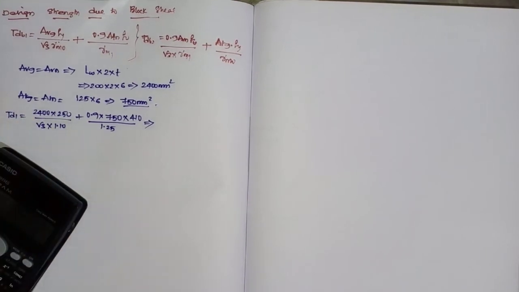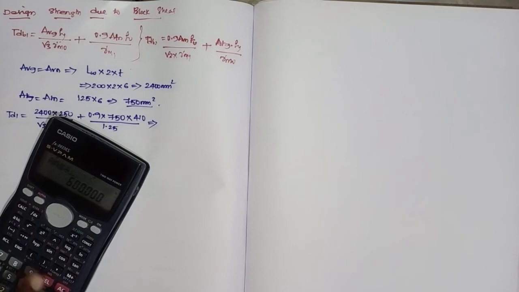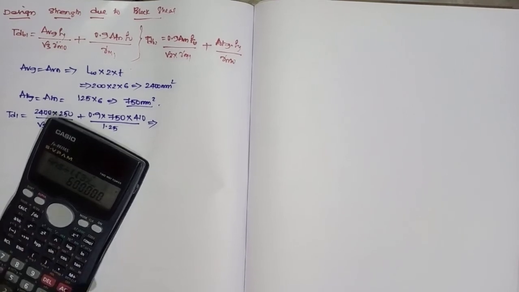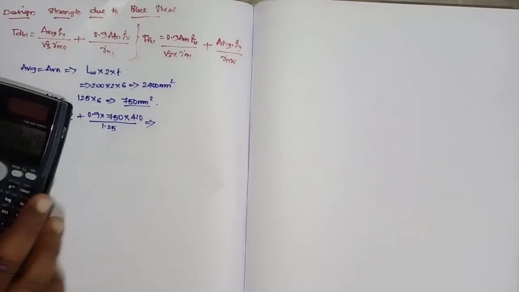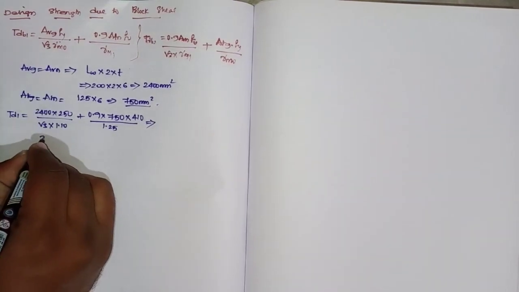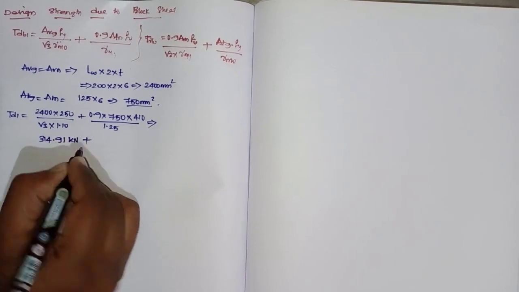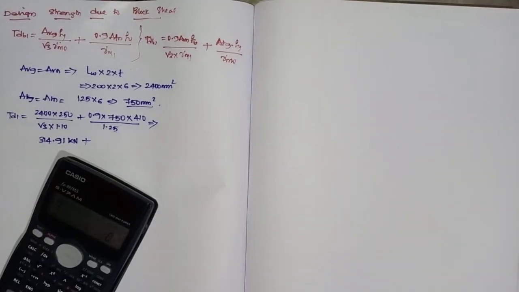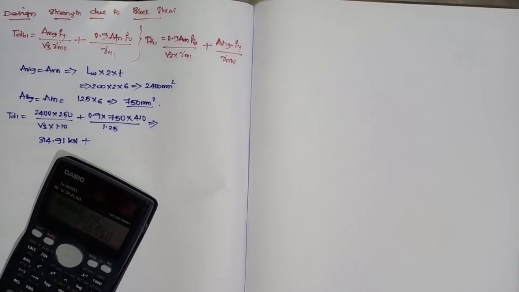So 2400 into 250 divided by root 3 into 1.10. Each term separately I am calculating, for easy convenience. 314.9 kilonewtons plus 0.9 into 750 into 410 divided by 1.25.